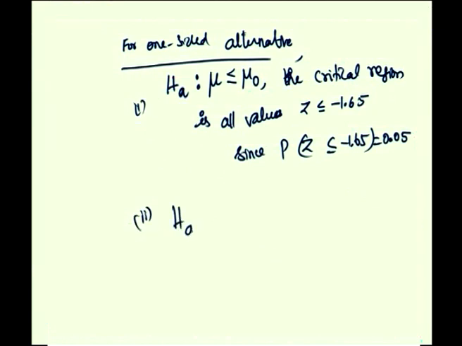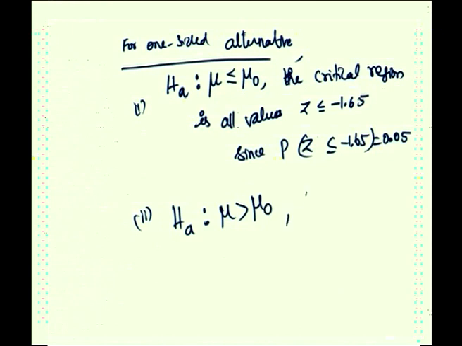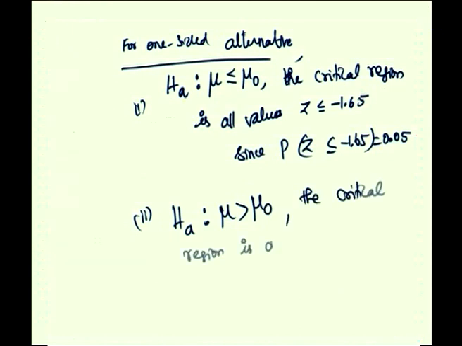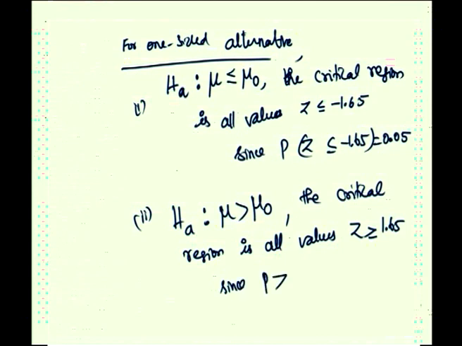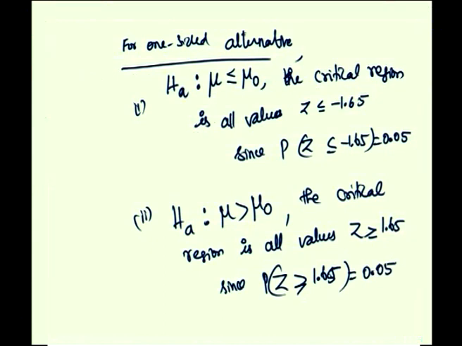Similarly, when HA is such that mu is greater than mu naught, then the critical region is all values z greater than or equal to 1.65. Since you are having P of z greater than or equal to 1.65 is equal to 0.05. This is in the case of one-sided alternative.